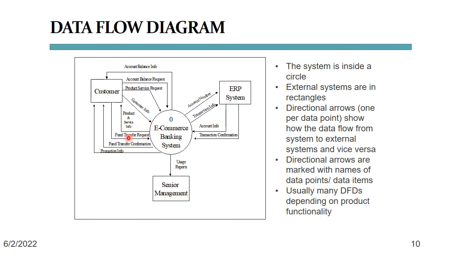Any systems that you are not building, but that are important because they eventually interact with your system, are mentioned in rectangles. These rectangles are connected to the circle or to other rectangles with one-directional arrows that show how the data is supposed to flow. These DFDs can also be used in Agile contexts when breaking down a user story.